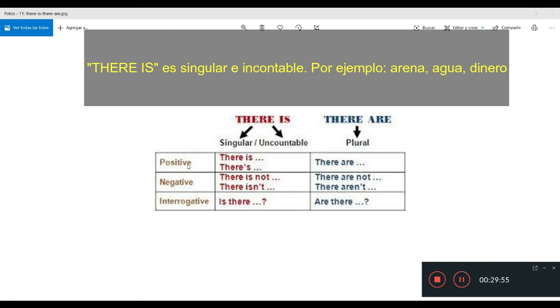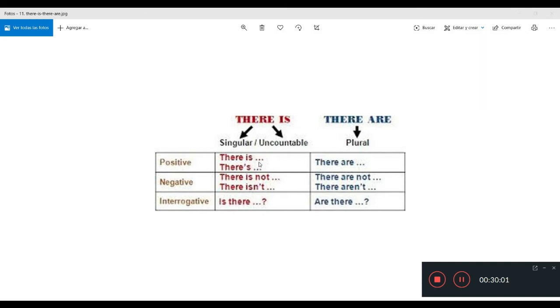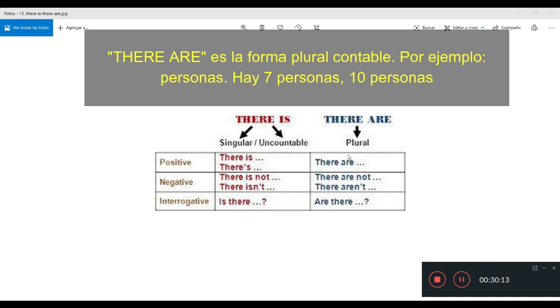In a positive way, you will have to say there is 1 liter of water. This is the short form. There is 1 liter of water. There are is the plural form, countable. Countable things. For example, people. There are 7 people. There are 10 people.